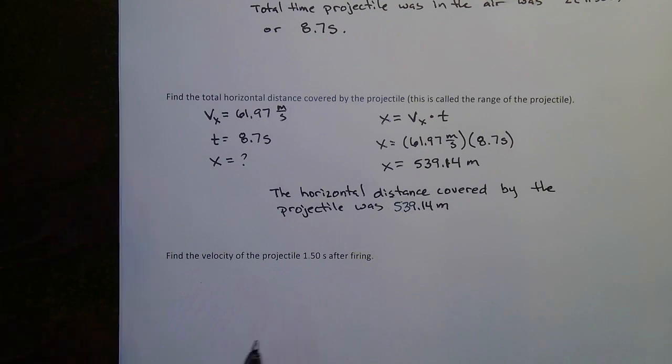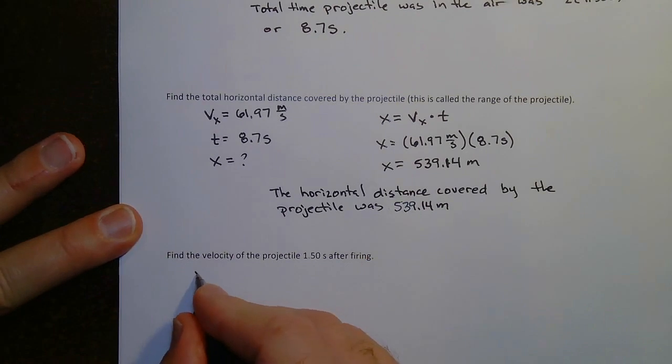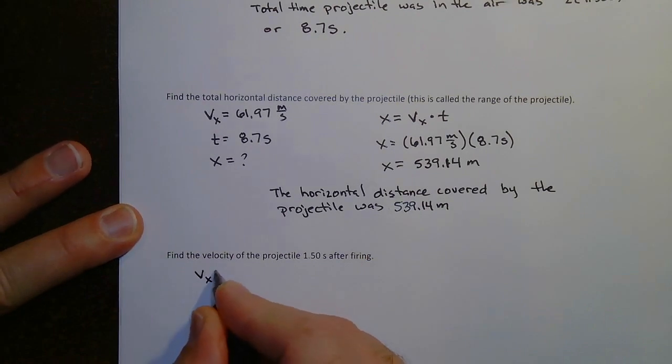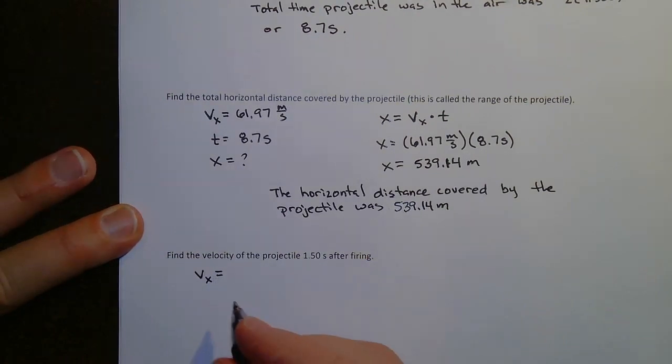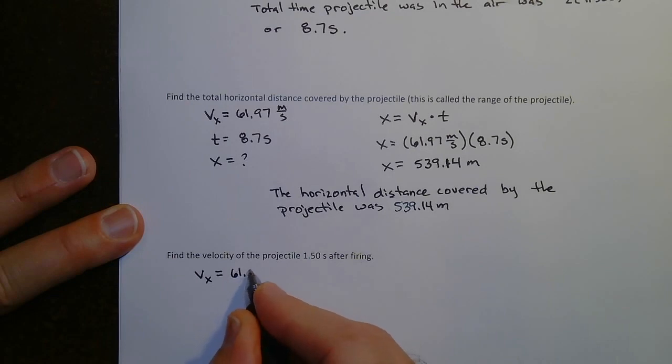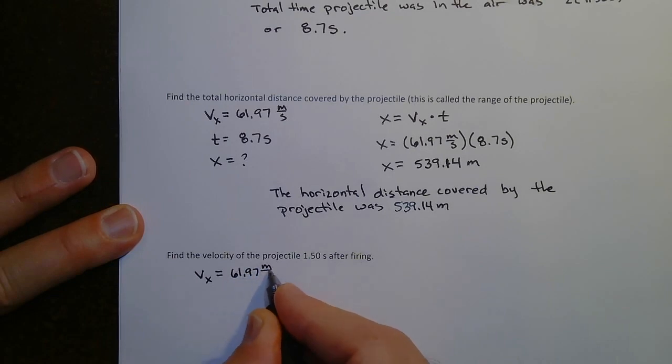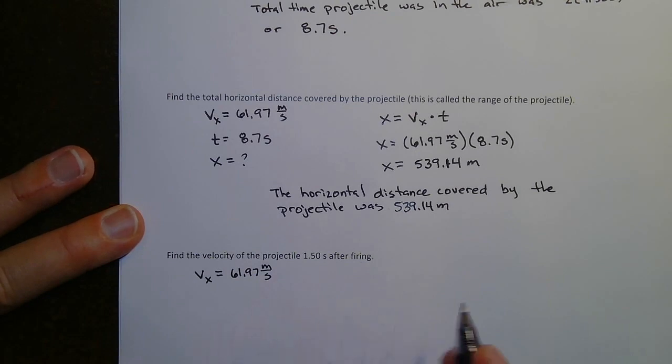So I need to know what the horizontal vector is, and the horizontal velocity is V sub x, and that was continually 61.97 meters per second, okay? And I need to figure out the velocity vector for the vertical piece after 1.5 seconds.